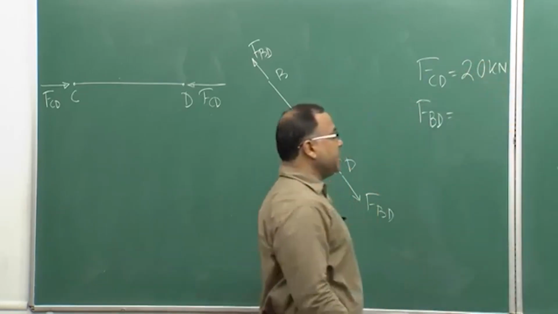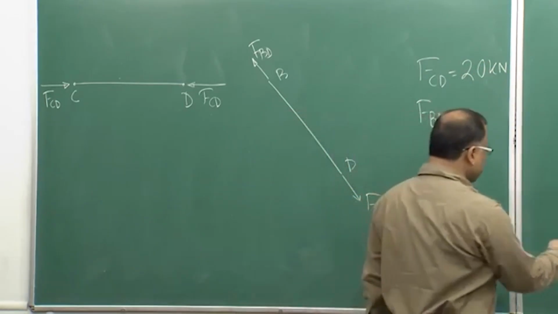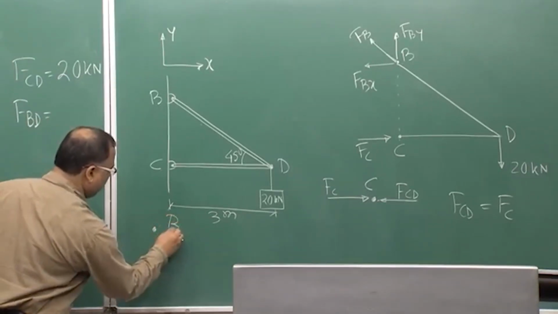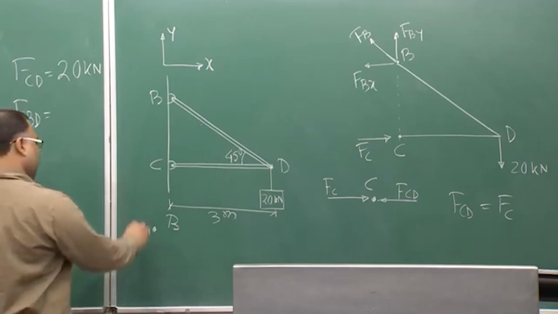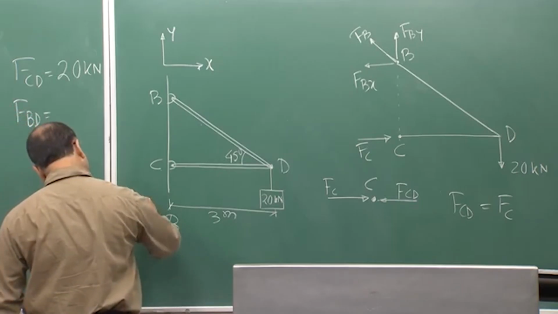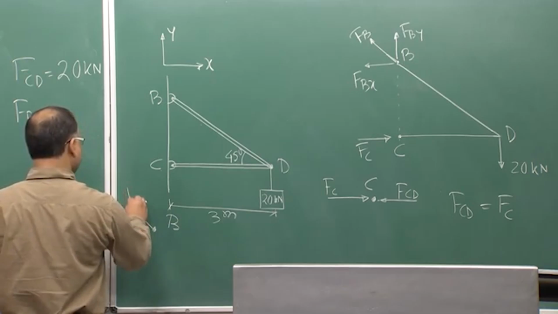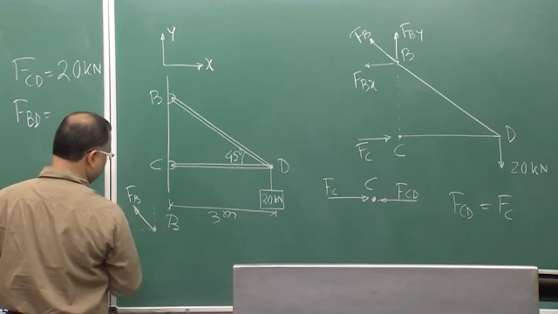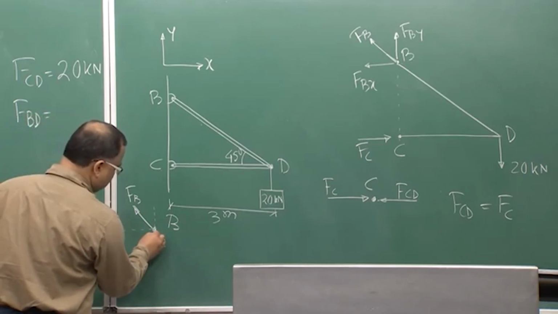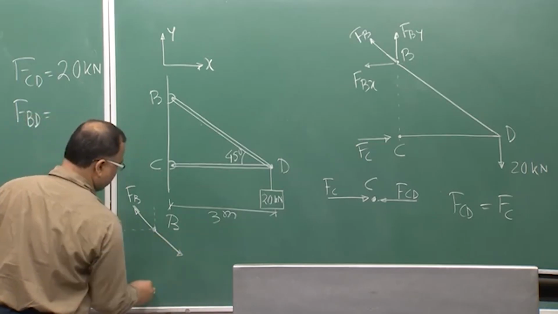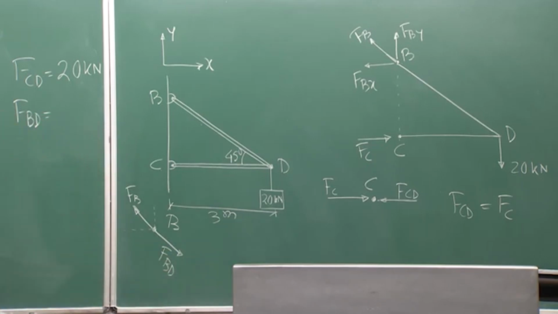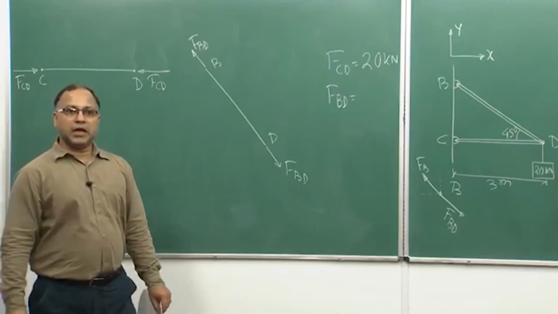Now, what about FBD? So, you consider joint B. So, this is your joint B. Okay. So, from joint B you are having FB. So, this is the vertical direction, this is the horizontal direction, okay, and this is your FBD, right.